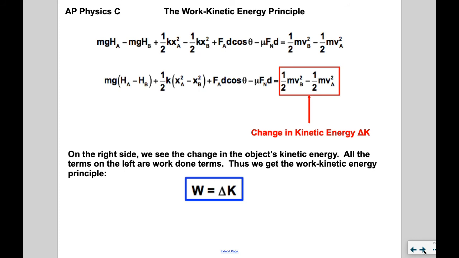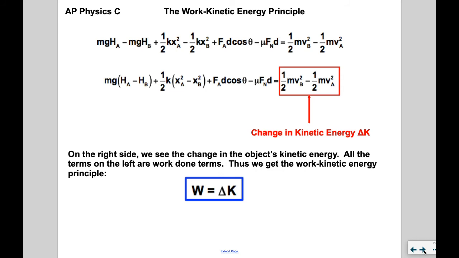So what we have is an even simpler form of the conservation of energy. The work done equals delta K, and the work done implies the work done in all of its forms.